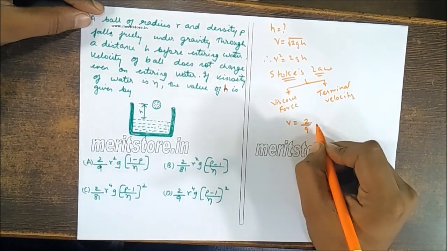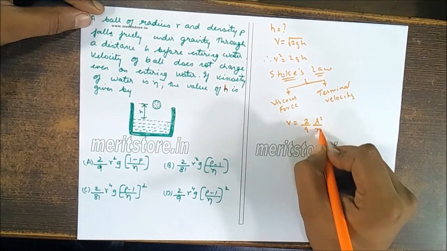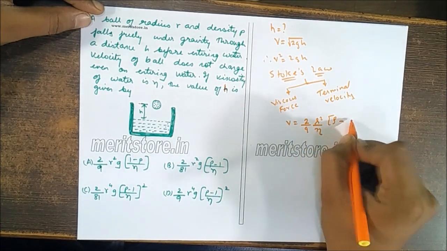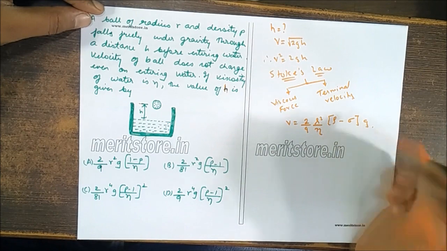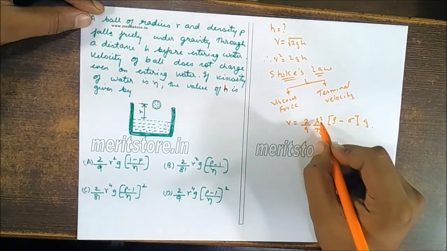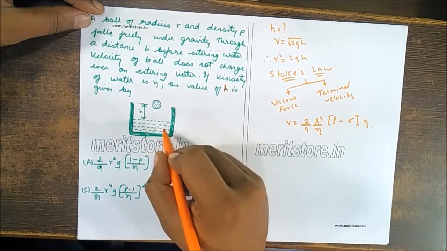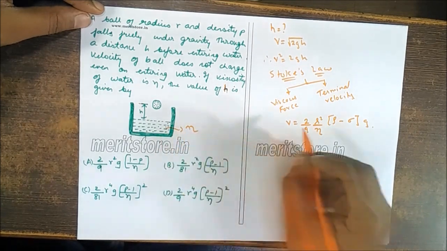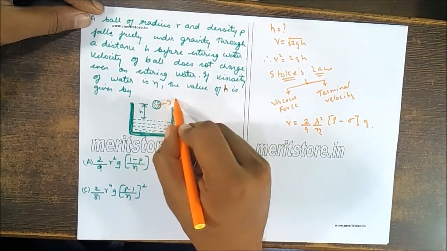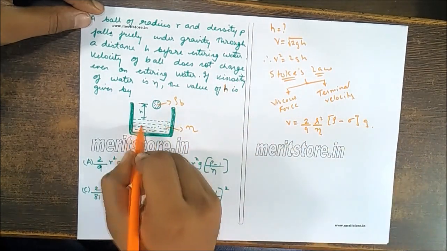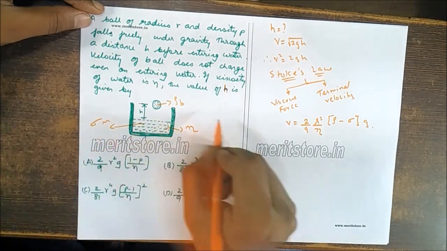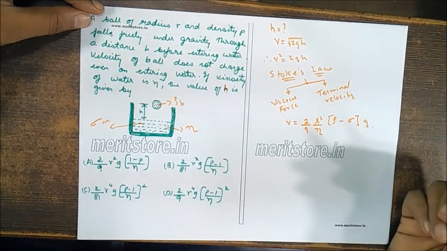The formula is v equals 2 by 9 r square upon eta into rho minus sigma into g. Now r is the radius of the sphere, eta is the viscosity of the medium, rho is the density of the body, while sigma is the density of the medium, g is acceleration due to gravity.